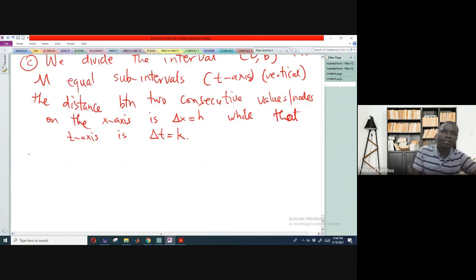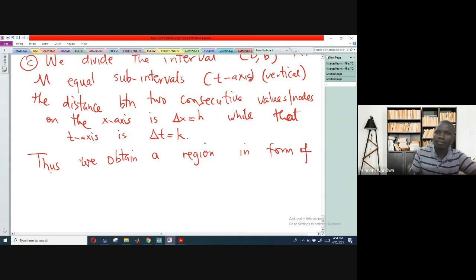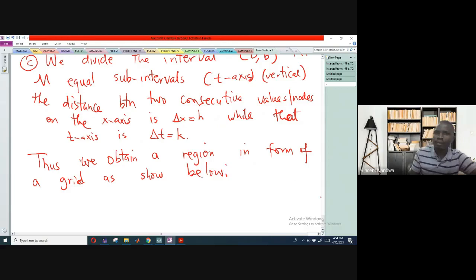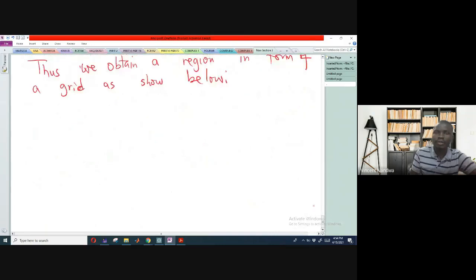So therefore, we obtain a region in form of a grid as shown below. So with this division or partition of the region, this is what we have.